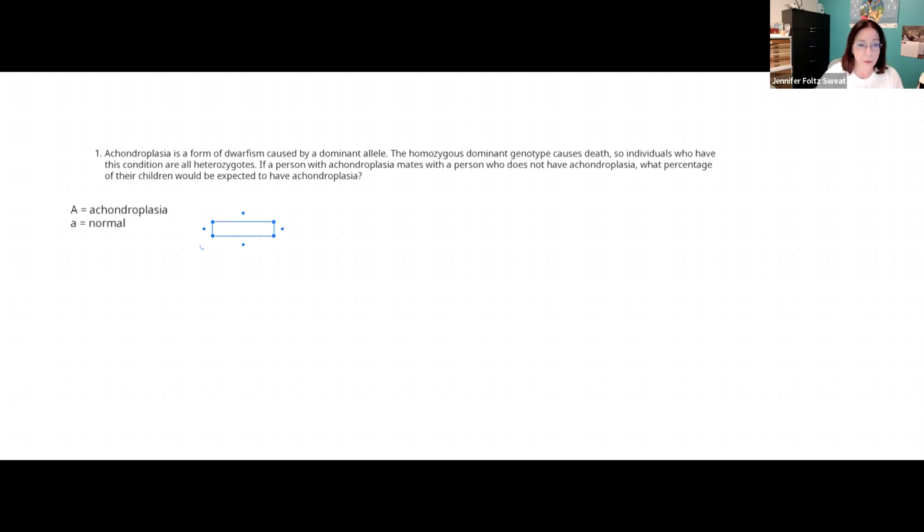Now, I usually just put a times, like an X, times little a, because the other person is normal. Savannah, good. So I see some answers in the chat. So let's do the Punnett square.